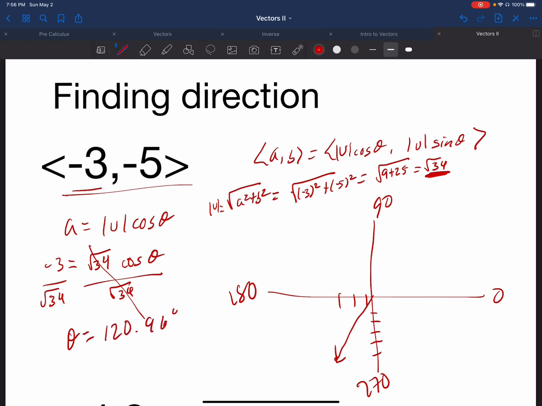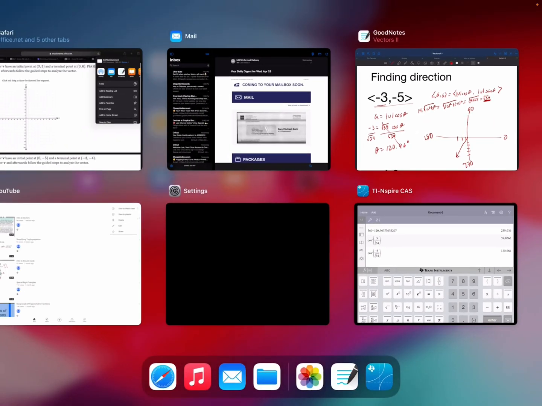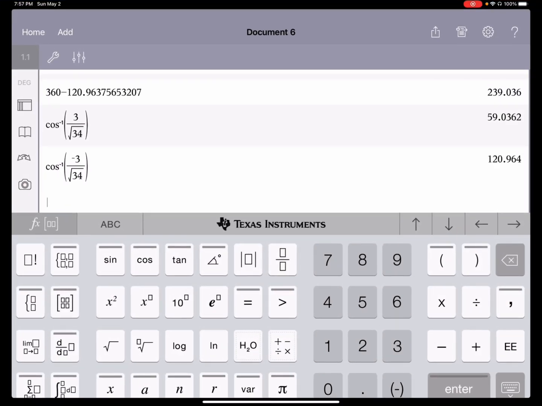120.96 degrees. Again, it doesn't make sense for this angle to be 120 degrees, 0.96. So that's actually going to be this one in the bottom going in the negative direction. Just the way that it works. So again, all I'll have to do is do my trick.